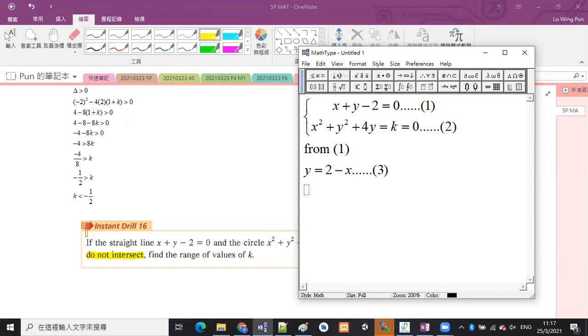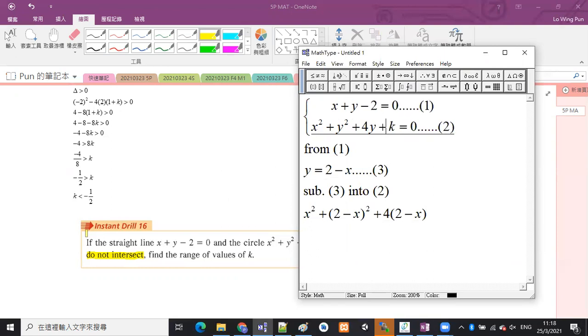Is your equation 3 correct? Okay, good. And then sub 3 into 2. And we have x squared plus the y becomes 2 minus x squared plus 4 times, again the y becomes 2 minus x. Wait, this is plus k. And then plus k is equal to 0. Okay?